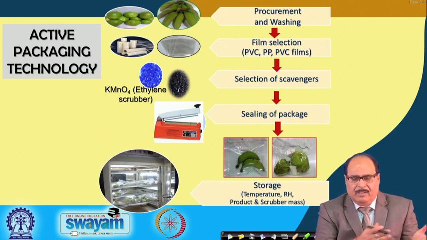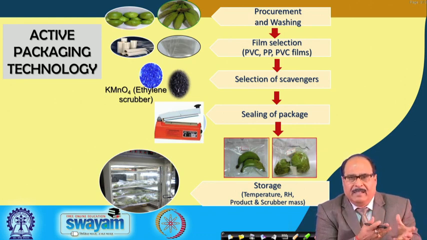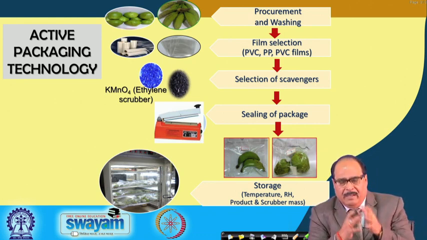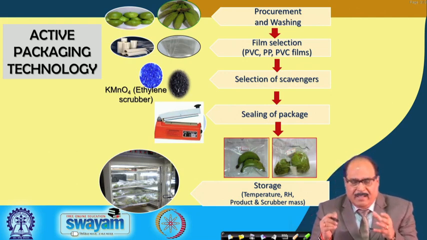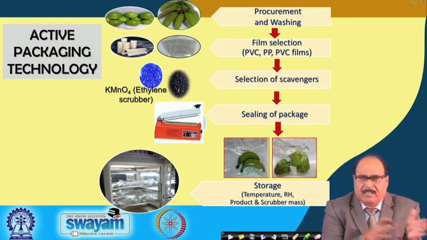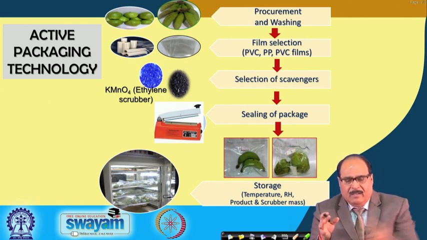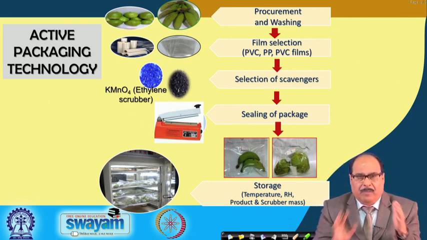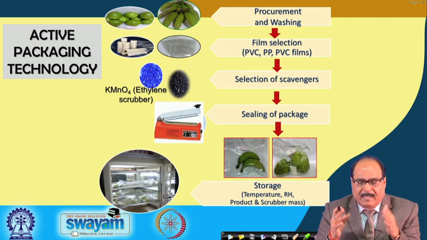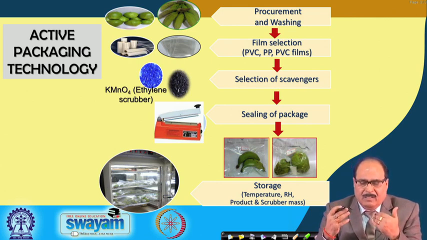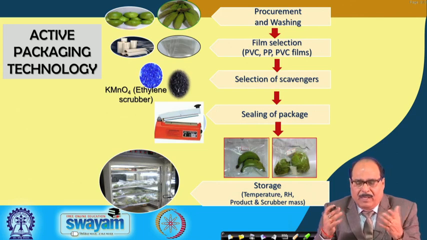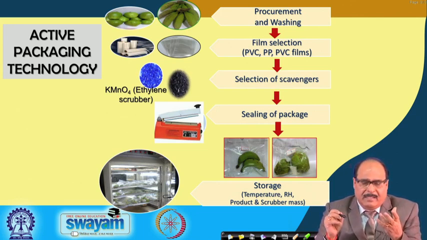Importantly, the material which one wants to pack should be prepared using standard procedures. It has to be washed and graded, and the next aspect is the proper selection of the packaging film: PVC, PP, polypropylene, whatever films are there, and one should know the permeability of all these films, gas permeability and water permeability.